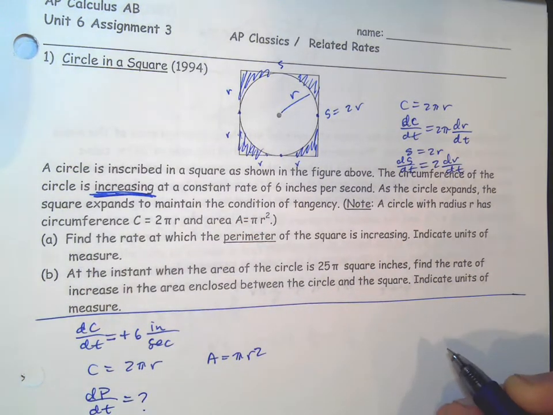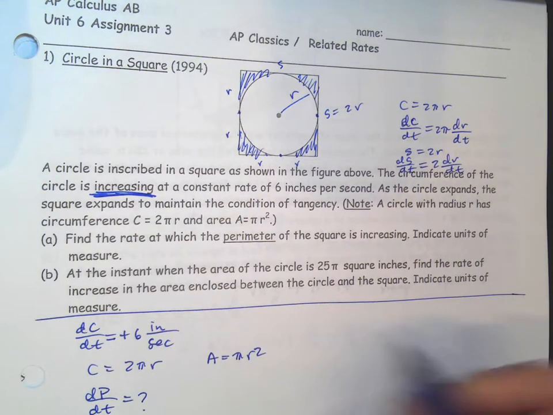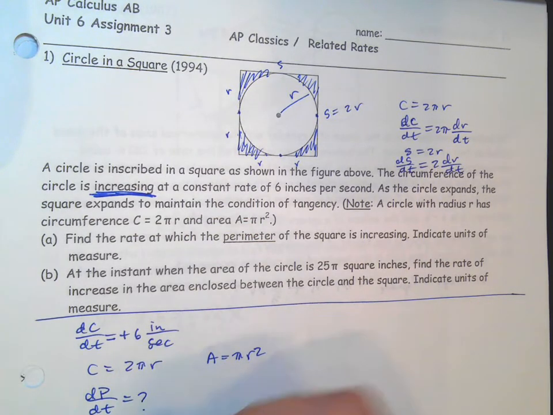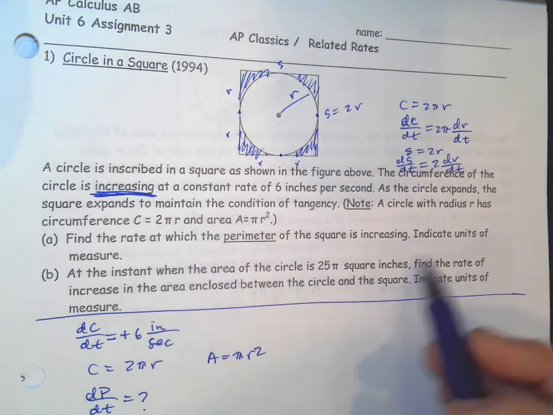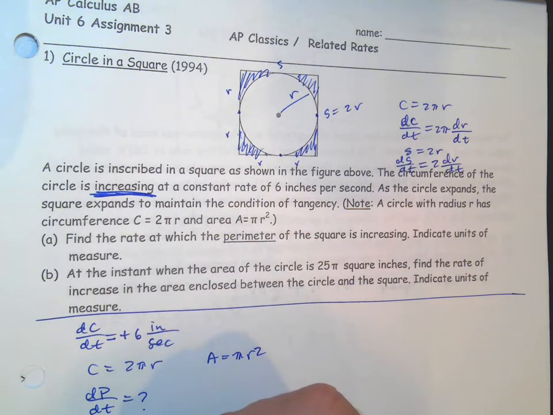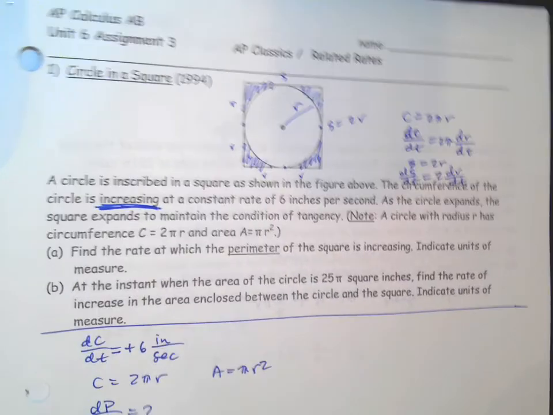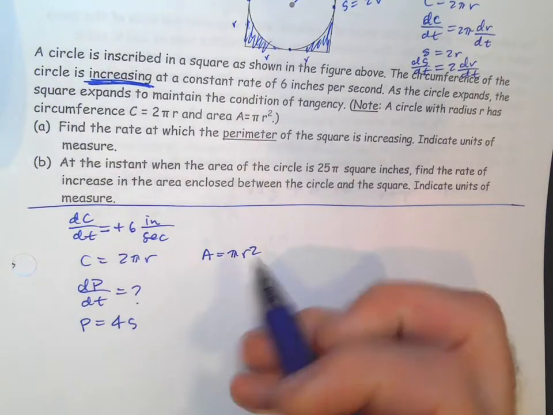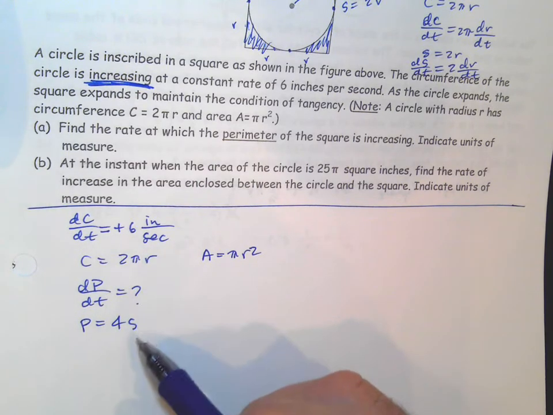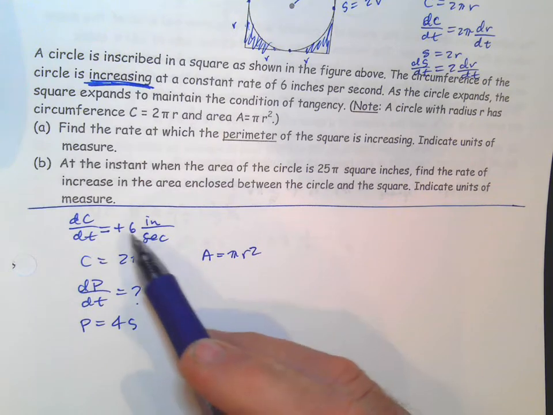Now, we have dC/dt. The perimeter is the perimeter of this square, right? The perimeter of the square is 4 sides. So we have circumference, which isn't really directly related to this, but we could get probably dr/dt from the circumference.